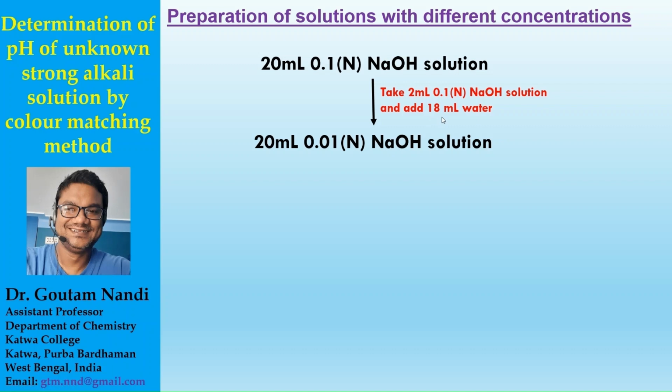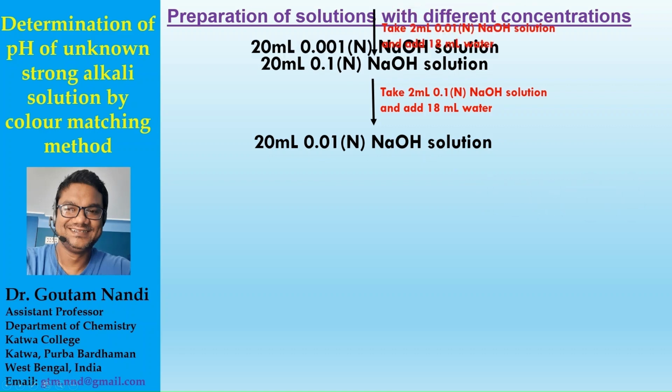So we are diluting 10 times, from 2 to 20, so the concentration will be 10 times diluted. So from 0.1 we will get 0.01 normal, 20 milliliter sodium hydroxide solution.